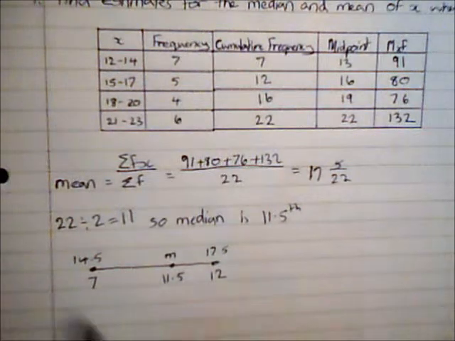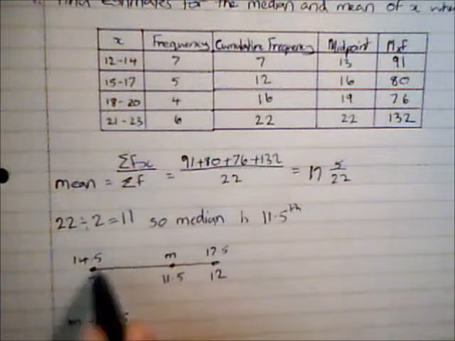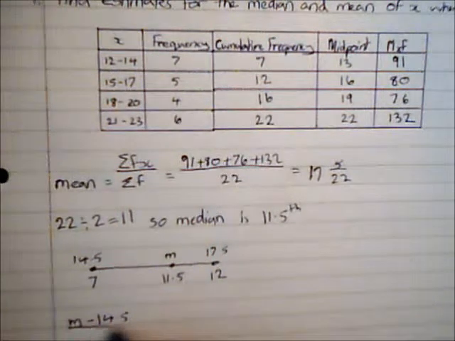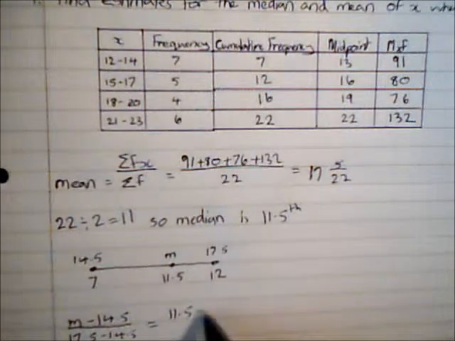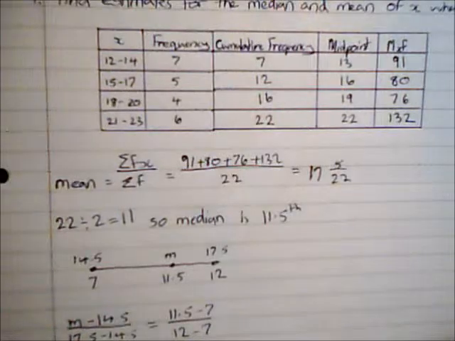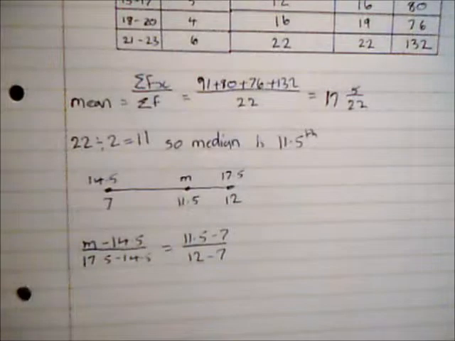So I can then set up a little equation. So m minus 14.5, which is that distance there, over that total distance, 17.5 minus 14.5, is equivalent to the same on the other side of the line, so 11.5 minus 7 over 12 minus 7. And now I've just got this equation I can solve.